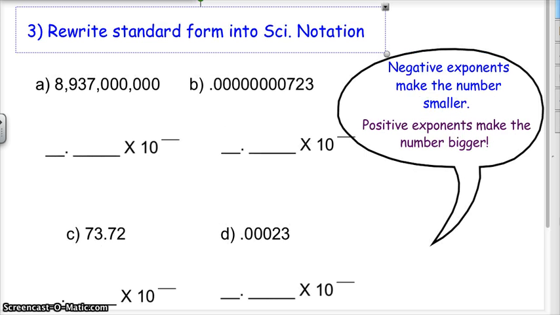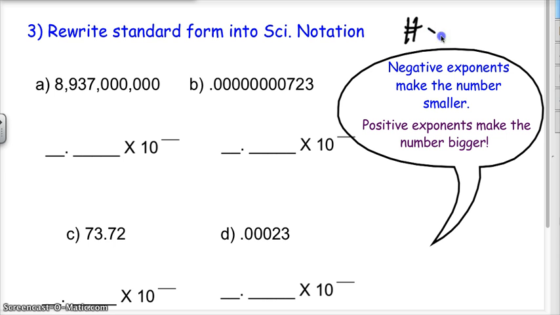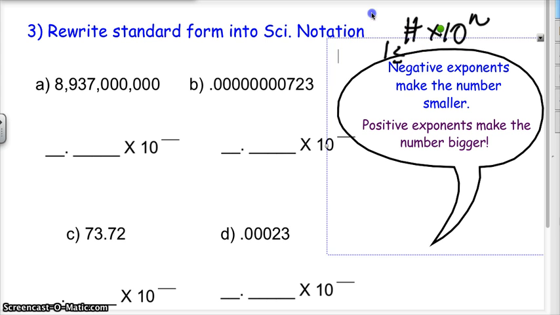All right, so let's try it the other way. Rewrite from standard form into scientific notation. Again, negative exponents make numbers smaller, positive exponents make numbers bigger. In letter A here, this is a pretty big number. In order to be in scientific notation, I need to have a number times 10 to the something. That number needs to be between 1 and 10.